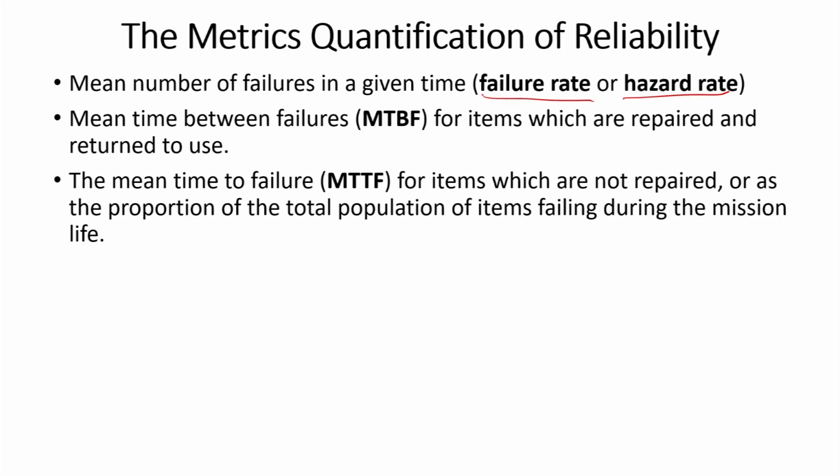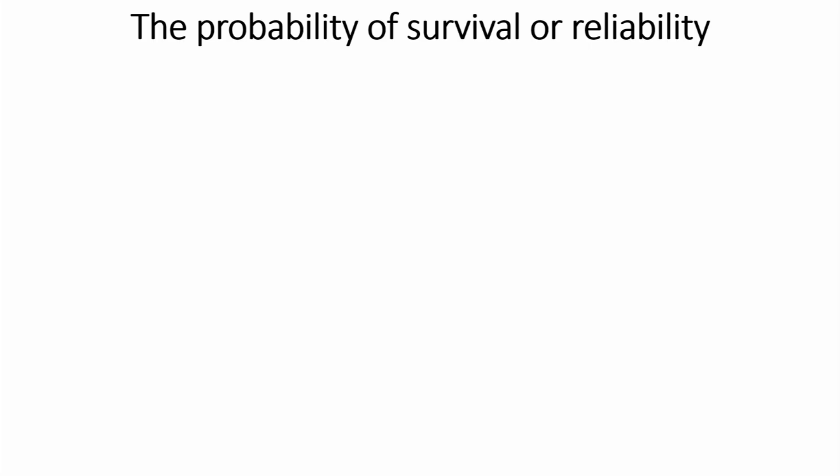And then mean time to failure, that we will use for our satellite. This is meant for those items which are not repaired, or as the portion of the total population of items failing during the mission life. We will derive the expression for each of these quantities.